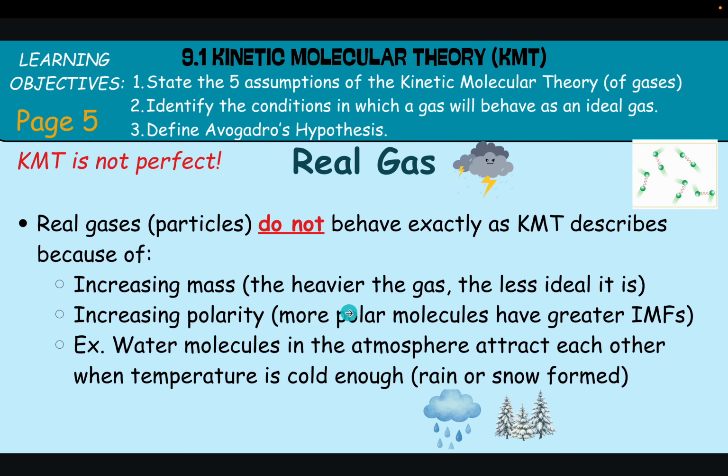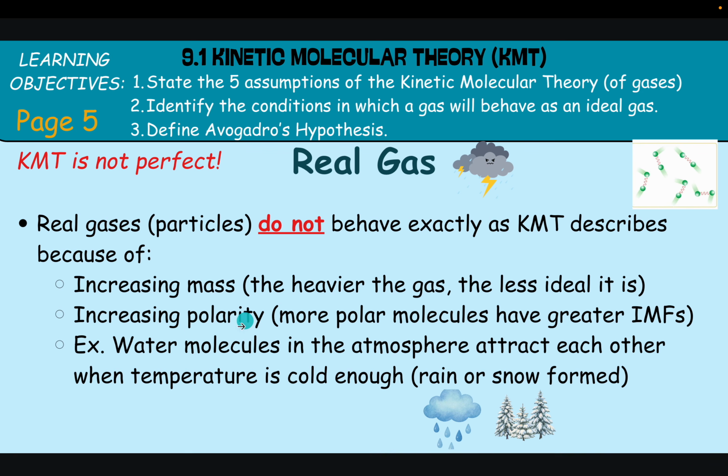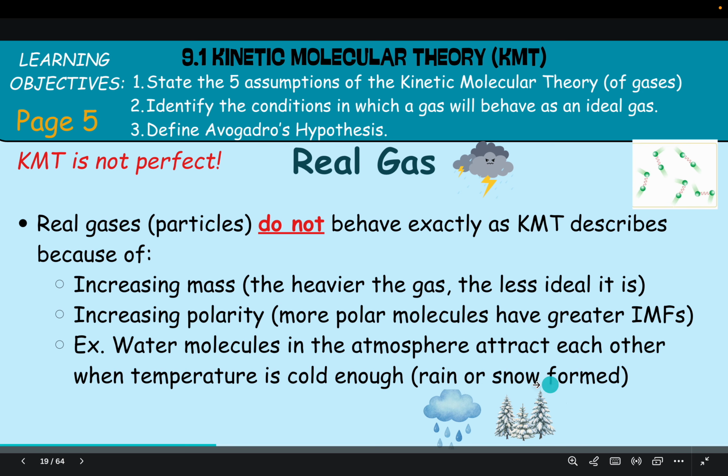Also, the increasing polarity, so more polar molecules will have greater intermolecular forces. Okay, that matters because kinetic molecular theory states that the particles don't have intermolecular forces. If a molecule is more and more polar, it will behave more like a real gas, not really an ideal gas. So for example, water molecules, which are polar, in the atmosphere attract each other when temperature is cold enough, and in the upper atmosphere, rain or snow can form.